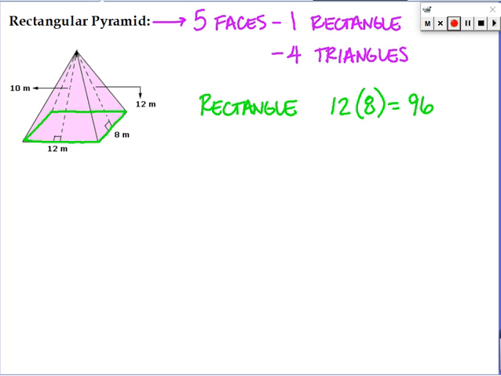Now, my 2 triangles, again, the first ones I'll think about, we'll do the left and the right first. So that would be the left one, that's over here, and over here. I messed that up a little bit.